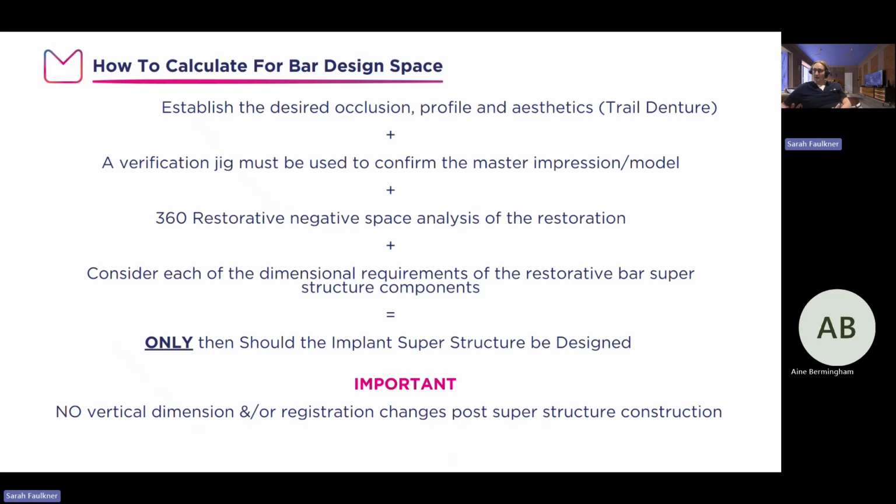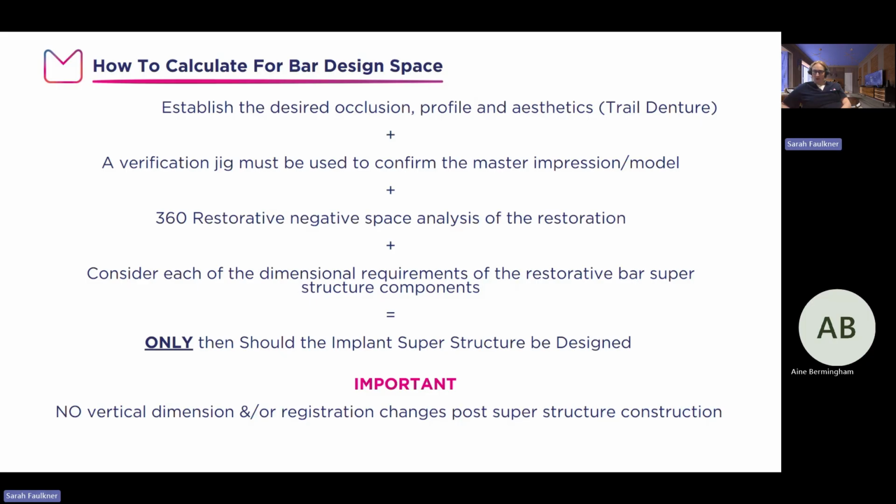This is where my little equation comes in. We want to establish the final restoration, so we get the occlusion, the profile and the aesthetics all nailed down. We make a verification jig to confirm that our master model analogues are an exact copy of the implant placement and angulation in the patient.